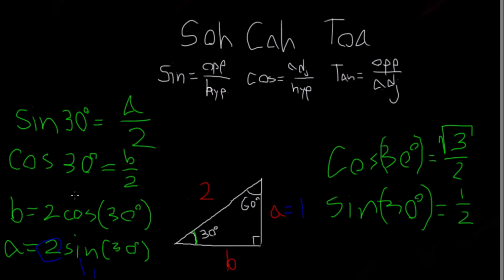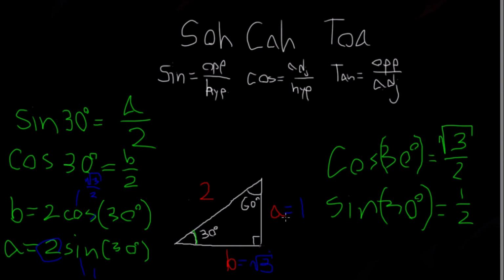A is just equal to 1. How about B? 2 times the square root of 3 over 2. So B is equal to the square root of 3. Yep, right? 2 times the square root of 3 over 2. And that's it. It's that simple.